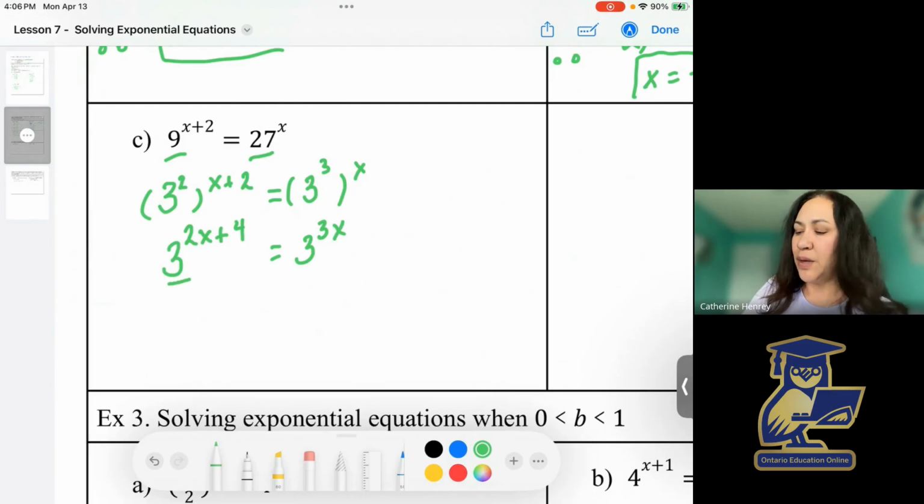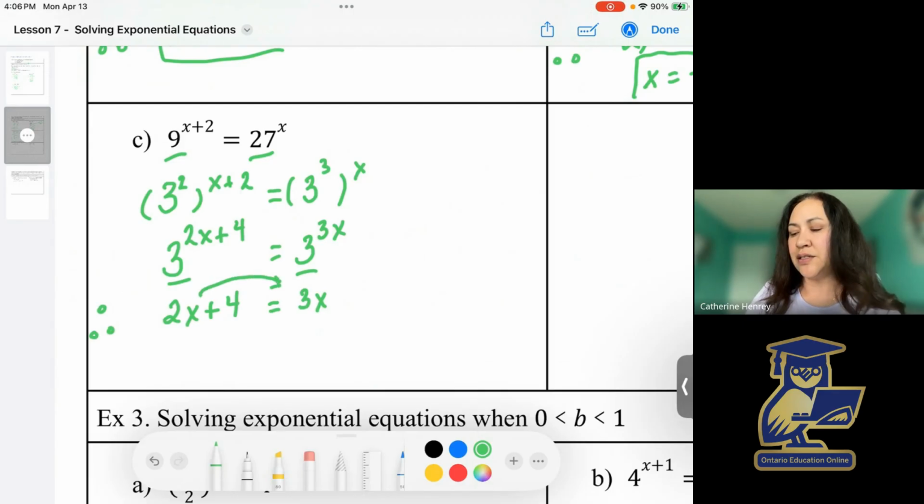Now that we have the same base, we'll equate those exponents: 2x plus 4 is going to equal 3x. And we'll take this 2x to the other side to solve. I will have 4 is equal to x. That will give me x.